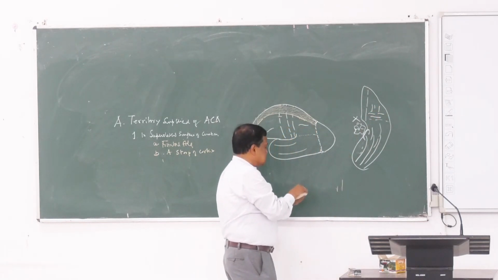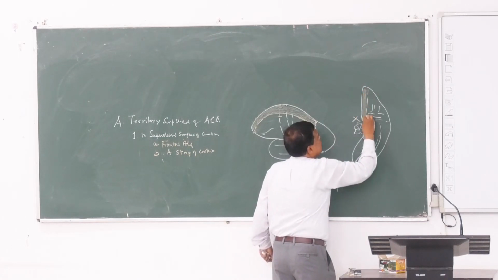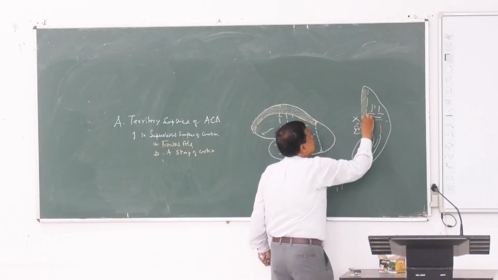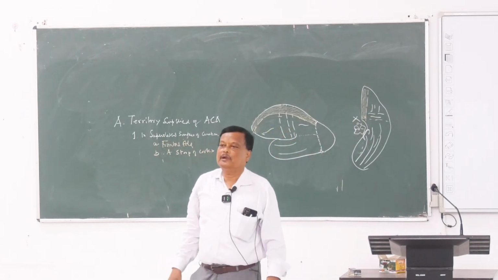Only the orbital surface, a strip of cortex in the surface of the orbital surface, is supplied by the anterior cerebral artery.